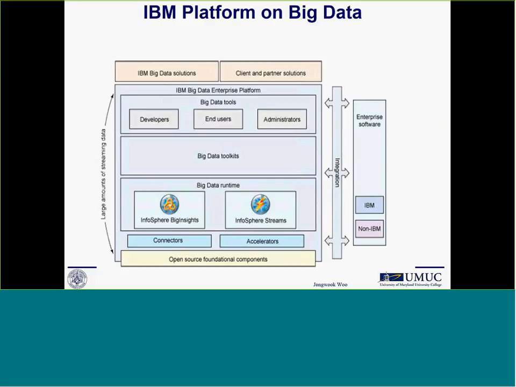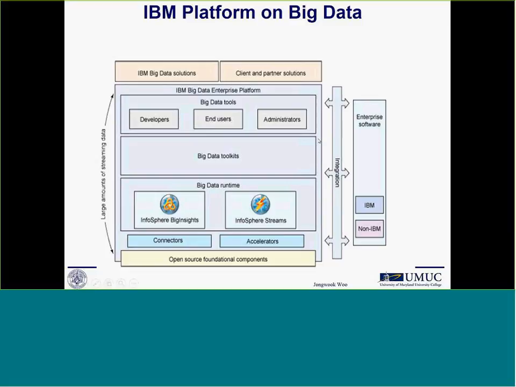Also, let's go back to IBM Platform on big data. IBM actually has InfoSphere BigInsights and InfoSphere Streams. BigInsights, you can regard it as a Hadoop system, and Streams is for data collection, data streaming services. Okay?